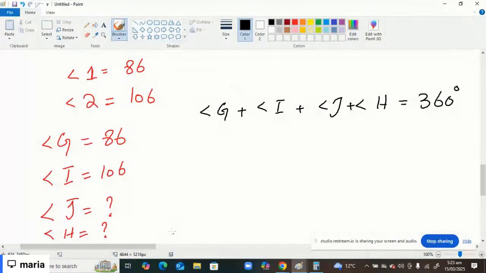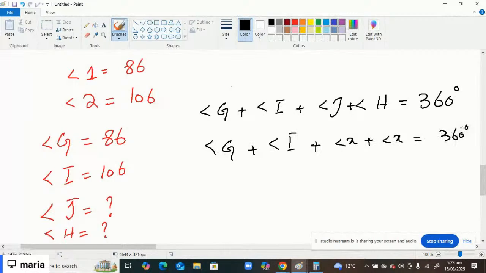We can say that here angle J and angle H are each X. Angle G is given, that is 86, and angle I is given, that is 106.